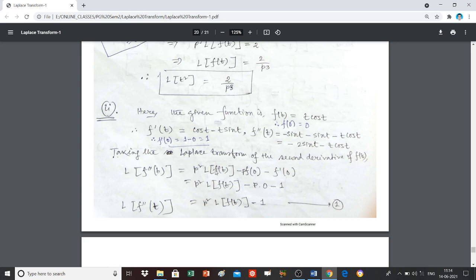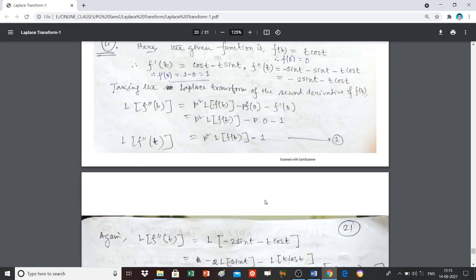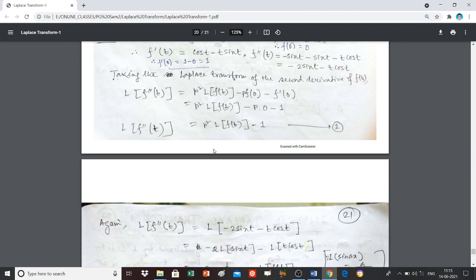Now substituting the values: p² L{f(t)}, and f(0) already computed is 0, so p into 0. After that f'(0) is 1, so minus 1. That means L{f''(t)} = p² L{f(t)} − 1. So this is equation number 1.